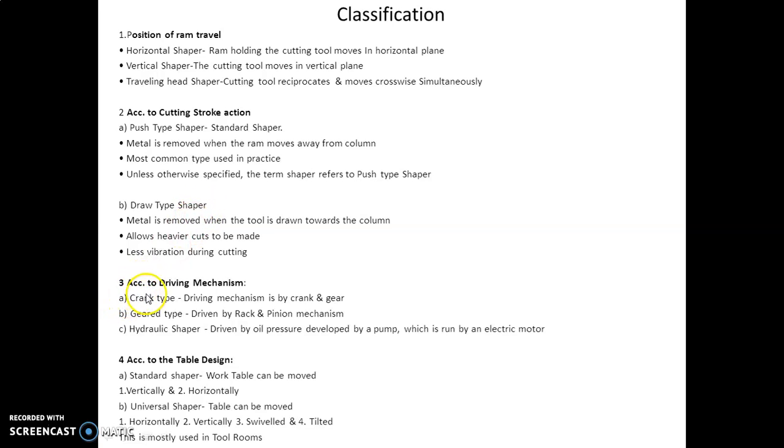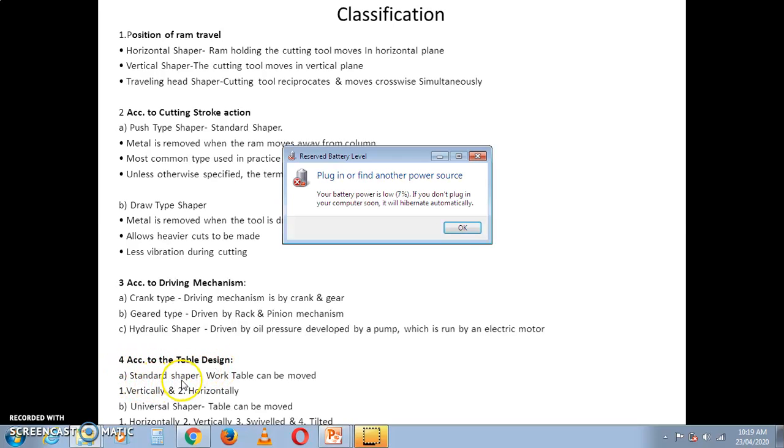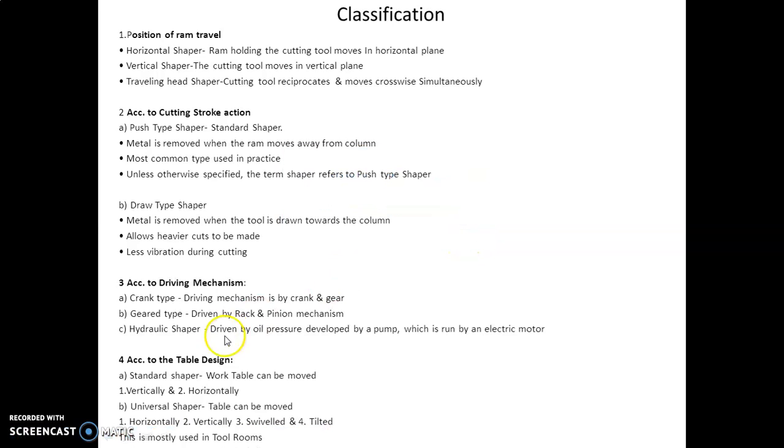According to the driving mechanism: crank type, gear type, and hydraulic type. According to the table design: standard shaper and universal shaper.